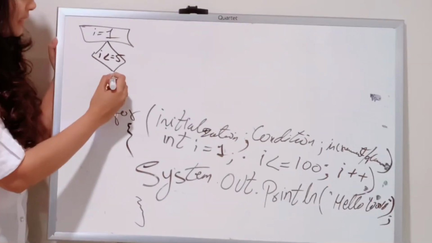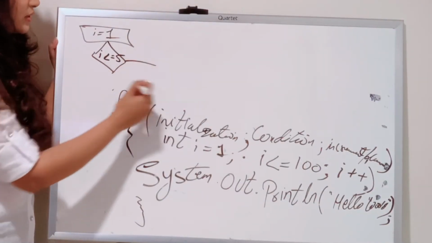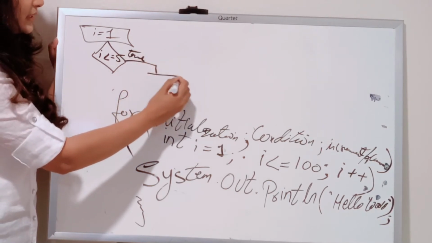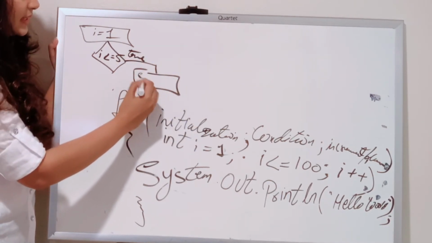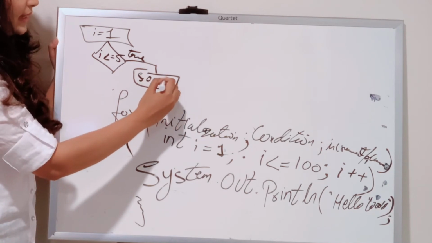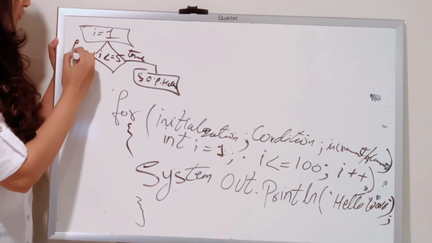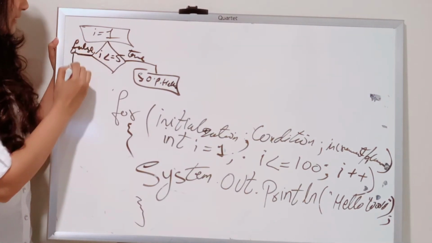Now there are two cases for this condition. If this condition is true, then what we have to do is System.out.print Hello World. I'm just making it small. If this condition is false, what we have to do is exit the code.